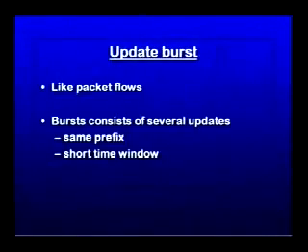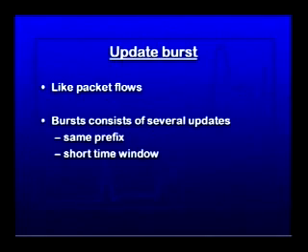of the updates. So when a route changes or a change to the infrastructure is done, not just one single update is created, but rather several update bursts are generated.